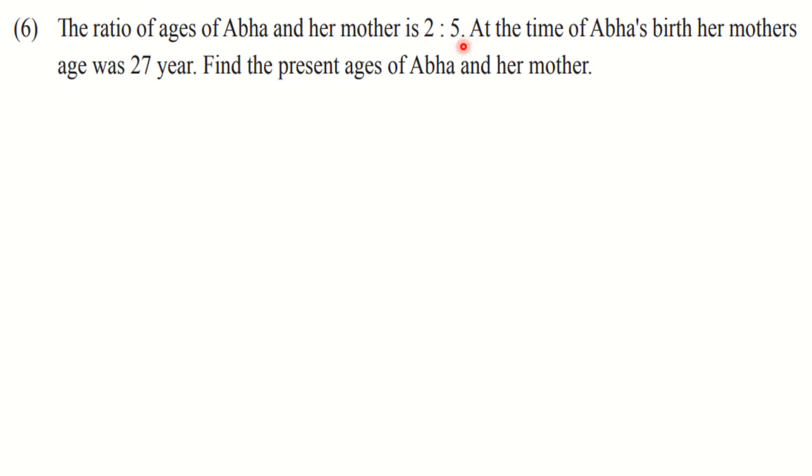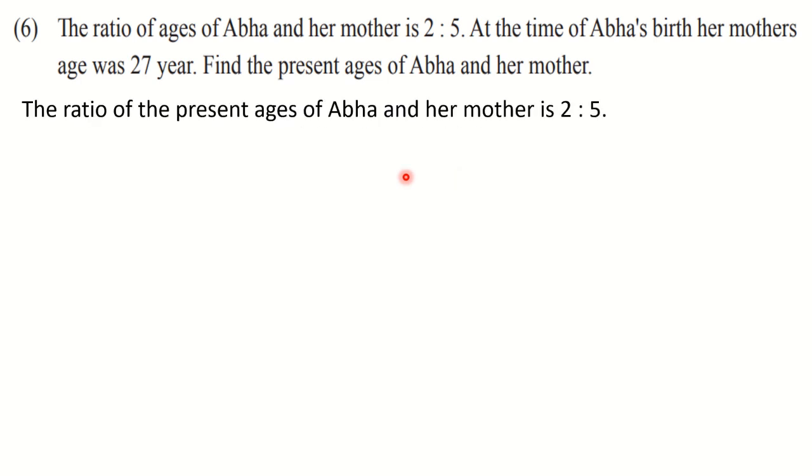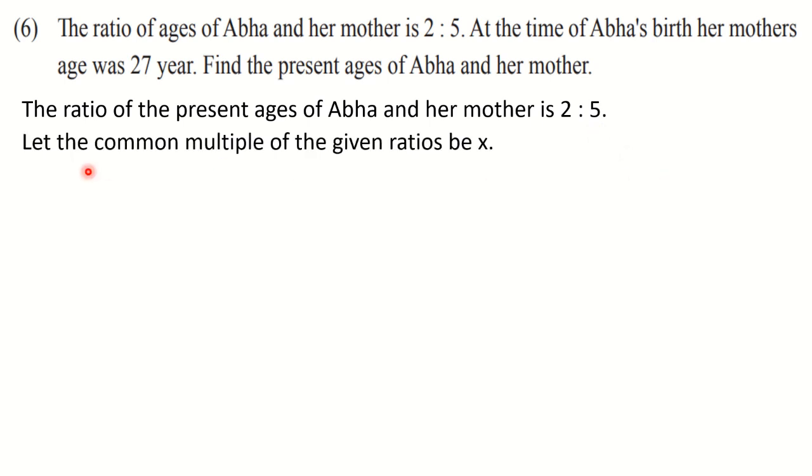As I have said, always there is a common multiple present. So you need to take some common multiple. Either you can take K, or you can take X, any alphabet you can take. Okay. So start with the first statement from the question itself. The ratio of present ages of Abha and her mother is 2:5. Then immediately the next statement is, let the common multiple of the given ratios be X. That means some common number is present here.